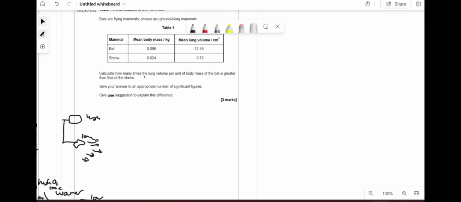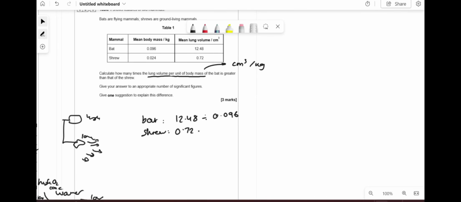So it says the lung volume per unit of body mass. So what this means is centimeters cubed per kilogram. So we're going to divide each of these by their masses. So for the bat, it's 12.48 divided by 0.096, and for the shrew, it's 0.72 divided by 0.024.